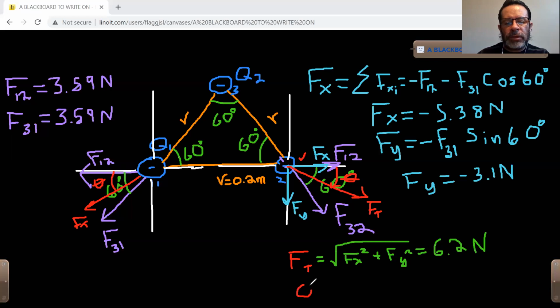And the angle that we're going to have here, we should get also something here. The angle, in this case, it's going to be the inverse tangent also, just that we have different signs there, so the angle might have a different sign also, but it's going to be the inverse tangent of Fy divided by Fx.